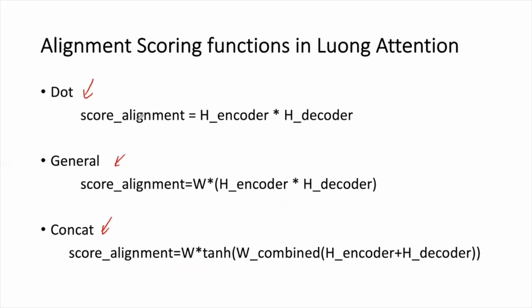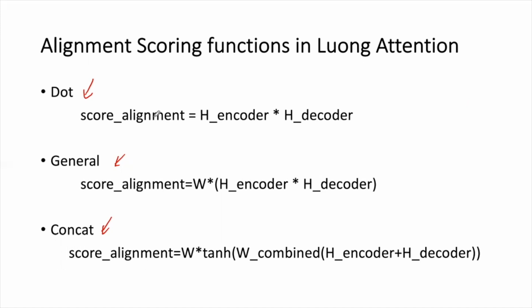Typically what this alignment function does is it calculates the similarity between the encoder and the decoder. That's our goal, to assign a score to each of the encoder vectors. The score represents how relevant the encoder vector is to the decoder vector. The relevance is indicated in one way by the similarity.